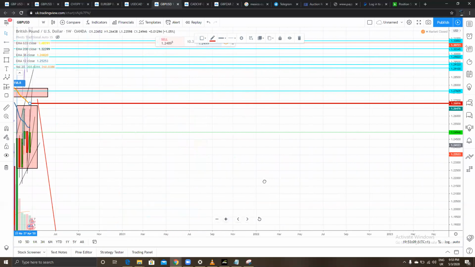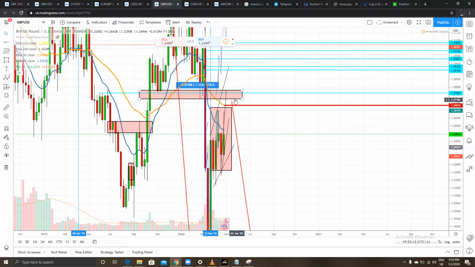Another thing is the 200 EMA on the daily is almost equal to the 36 EMA on the weekly. As you proceed, you'll be able to find certain correlations like this as well.